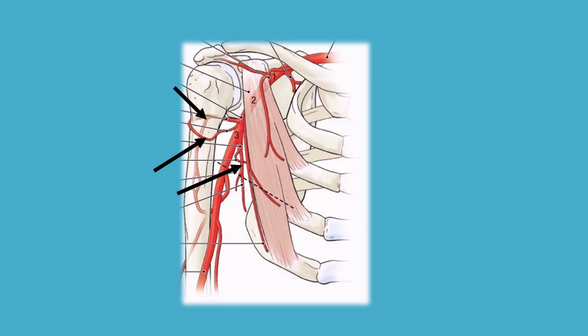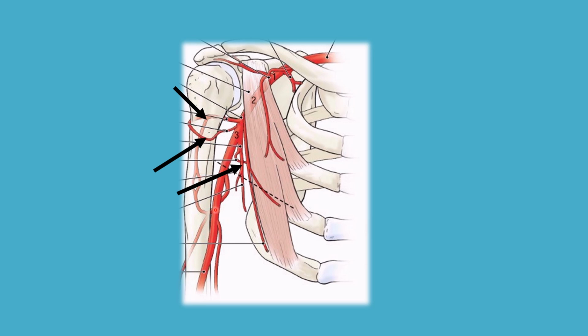Along with the posterior circumflex humeral artery, the axillary nerve also accompanies it. It anastomoses with the anterior circumflex artery, and it gives a descending branch which anastomoses with the profunda brachii artery.